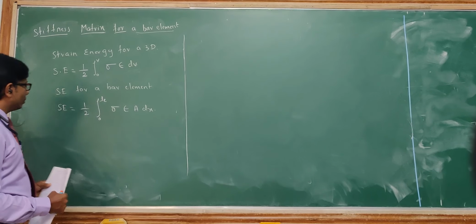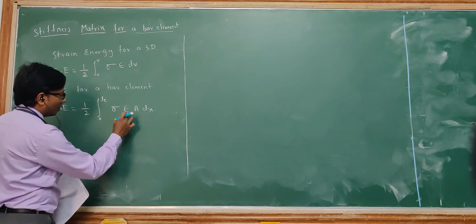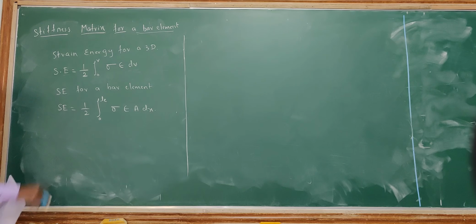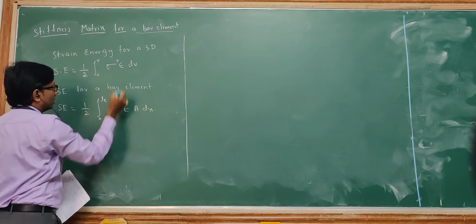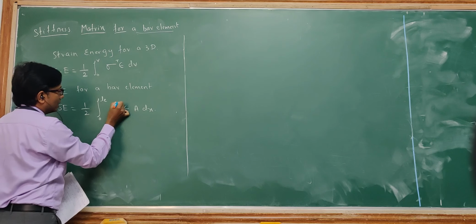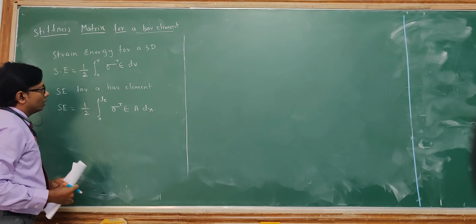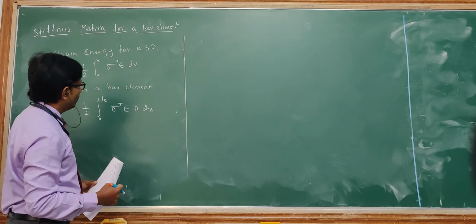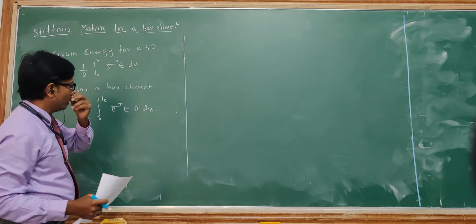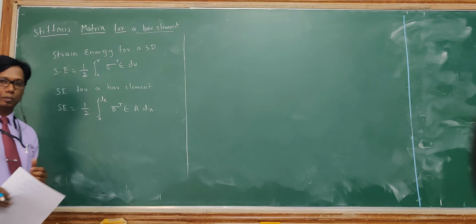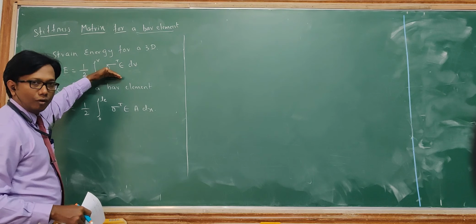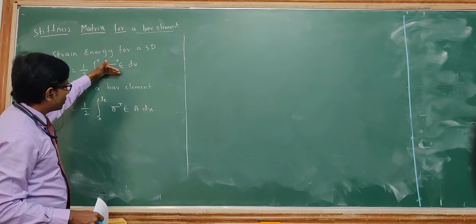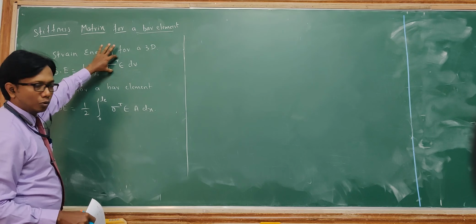Okay, so from the previous equation which you have done, this is given in matrix form. This is given as sigma transpose epsilon A into dx. Basically why we are doing this is to do the matrix multiplication, because it was generally written in equational form. When I want to convert this equational form into a matrix form, this transpose comes into the picture.